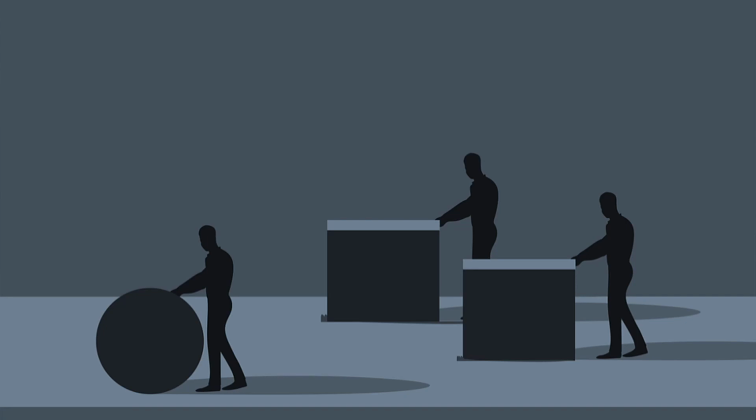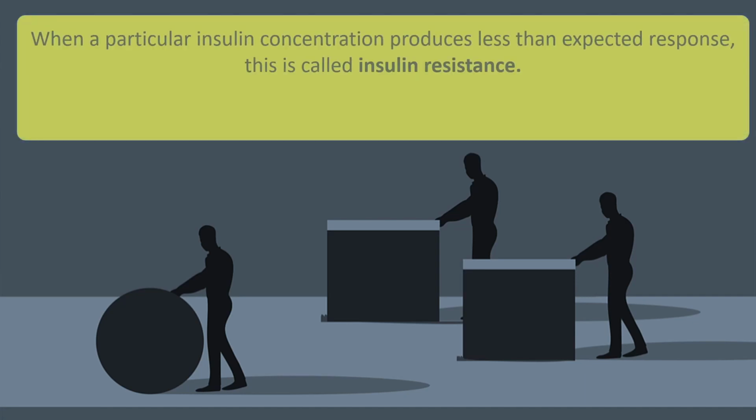Welcome to this visual lecture. So, what is insulin resistance? When a particular insulin concentration produces less than expected biological response, this is called insulin resistance. I will explain what I mean by this, but remember that the problem here is that a particular concentration of insulin should produce a biological response, but it is producing suboptimal response.